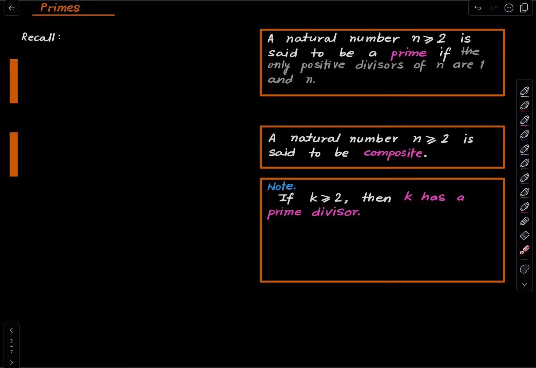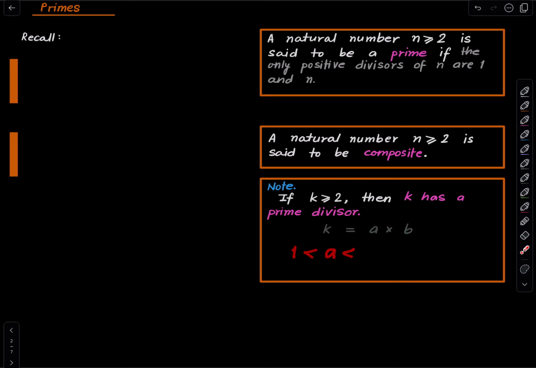If K is not prime, then it is composite. By definition, since it is at least 2, it has some non-trivial positive divisor.